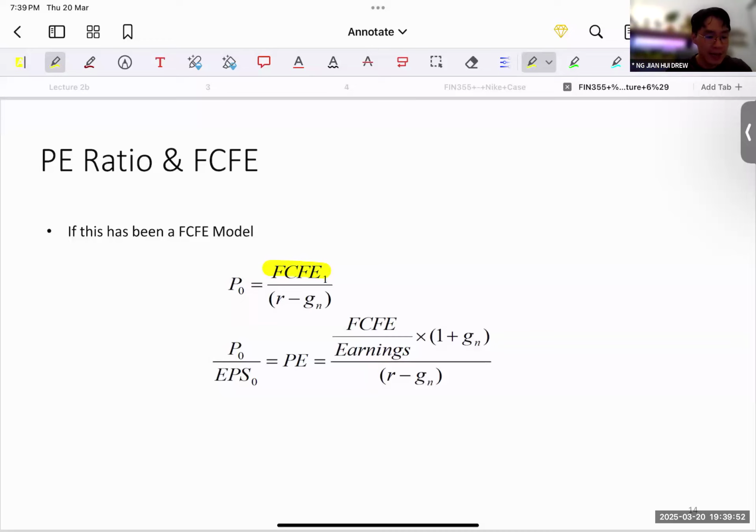With this, we divide by earnings per share, meaning we divide by earnings. And so this gives you your justified PE based on FCFE.